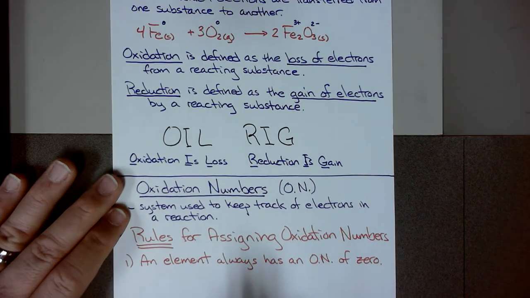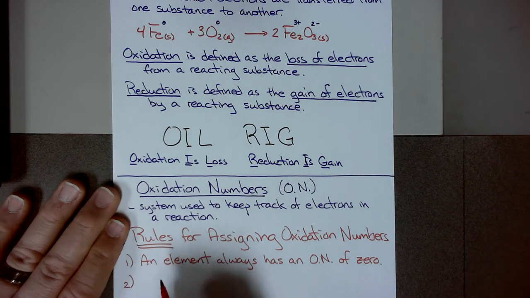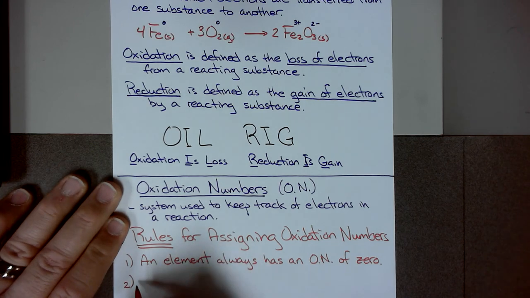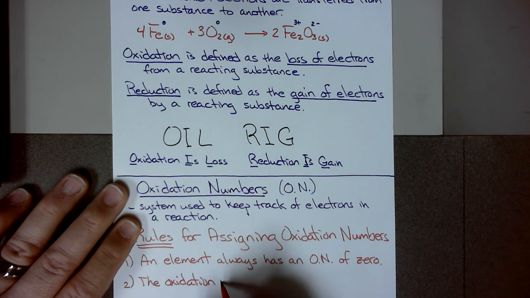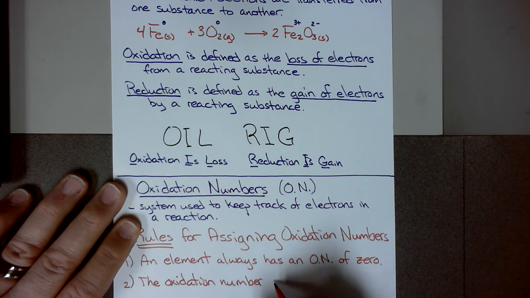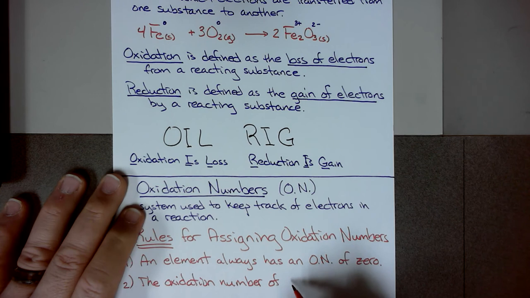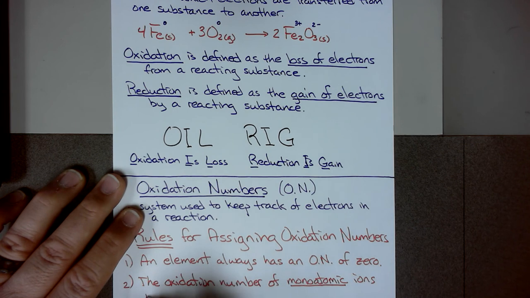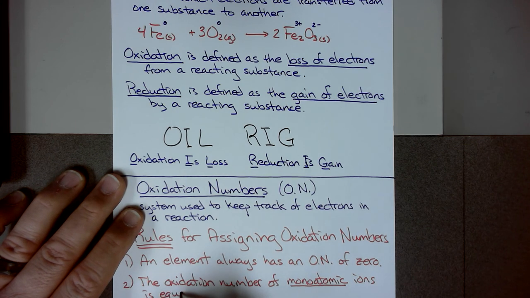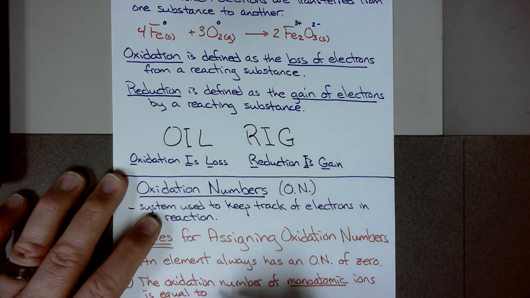So rule number 2. The oxidation number of monoatomic ions is equal to the charge of that ion.